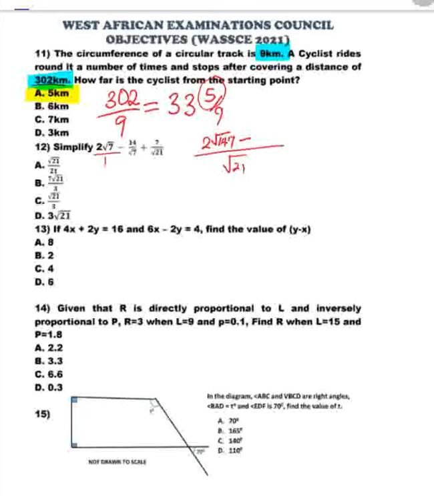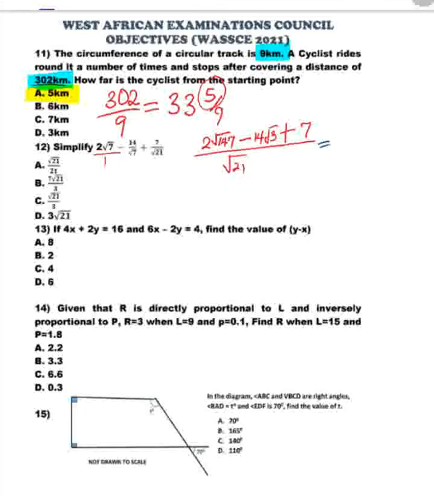We're going to have root 3. Root 3 times 14, we're going to have 14 root 3. Then we continue, plus root 21 by root 21 is going to give us 1. Then 1 times 7 will be equal to 7. All right.